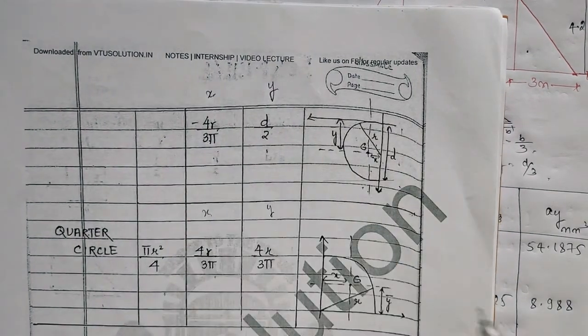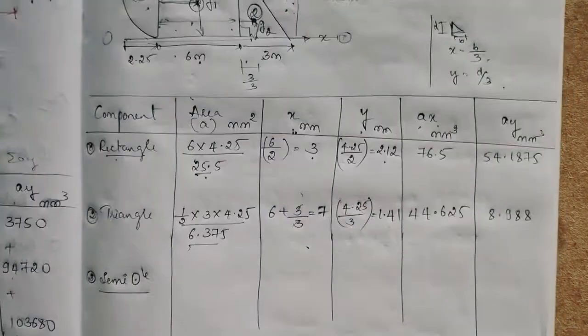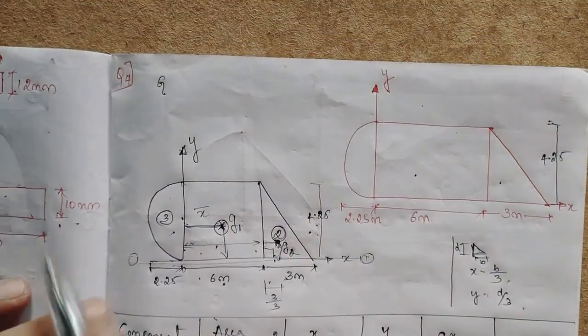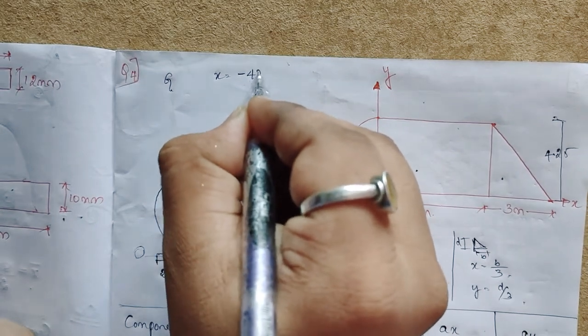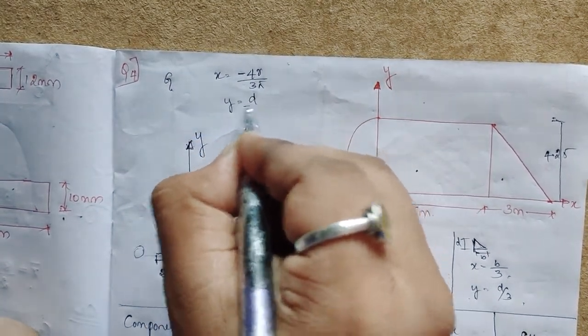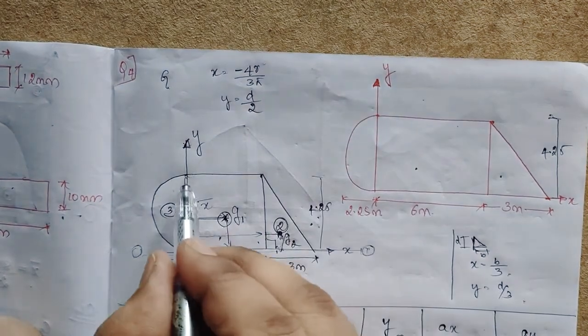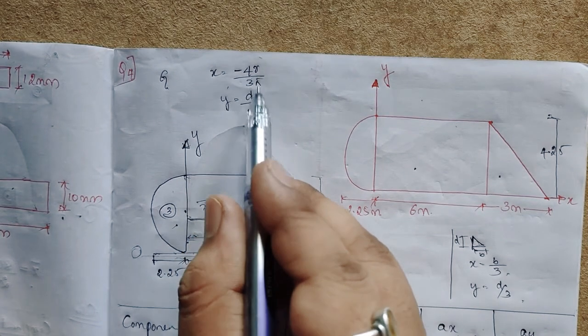Now we will solve. I'll write the formula again. For the semicircle, the x value is minus 4r by 3 pi, and the y value is d by 2. D is 4.25.